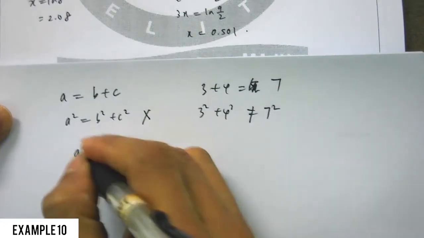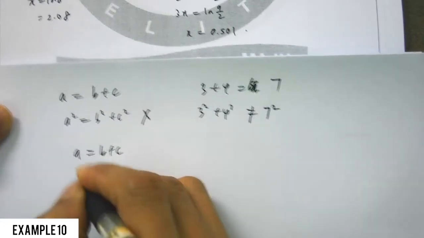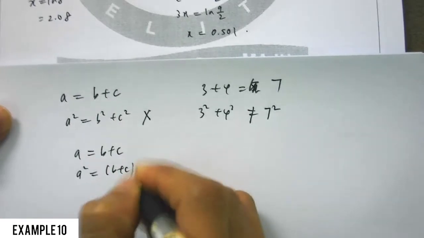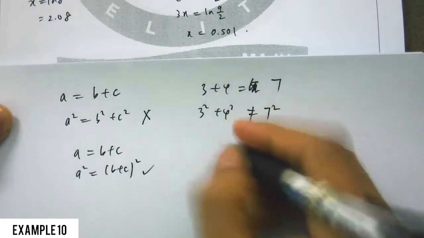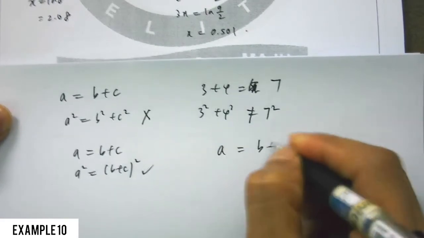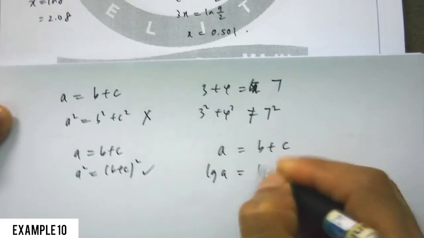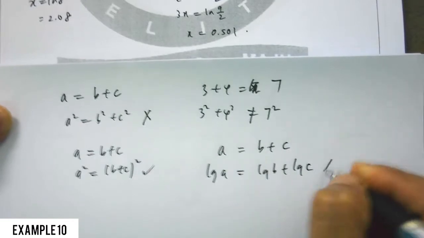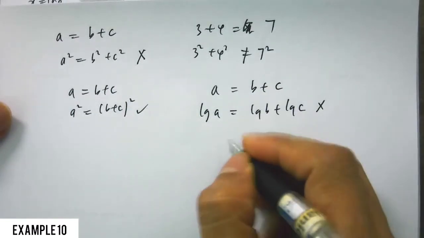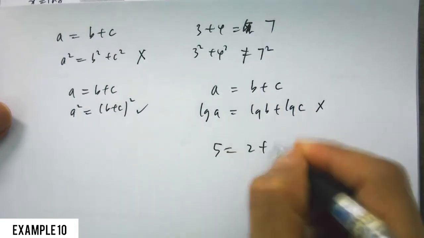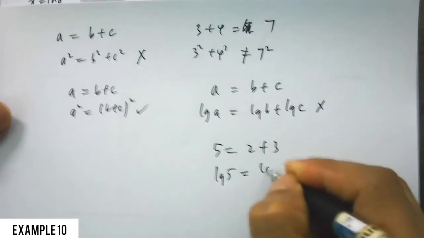For example, A equals B plus C. The right thing to do is this. This is true. You square the whole thing. Similarly, if A equals B plus C, can I say log A equals log B plus log C? No. Why not? Example, we know that 5 is 2 plus 3. Can I say log 5 equals log 2 plus log 3?